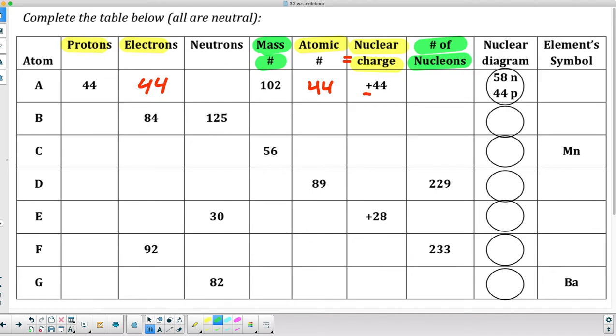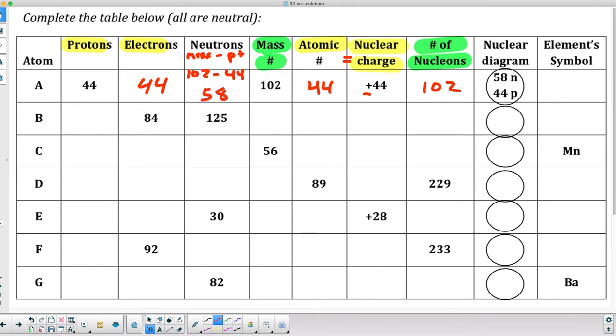If the mass number of our atom is 102, then our number of nucleons is the same, 102. The last thing we're looking for is neutrons, and just like before, that is the mass minus the number of protons. That means 102 minus 44, which gives us 58.